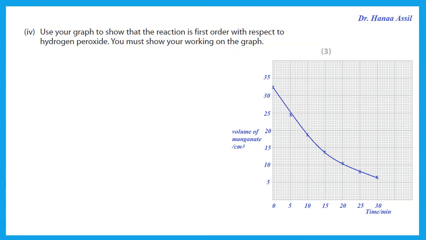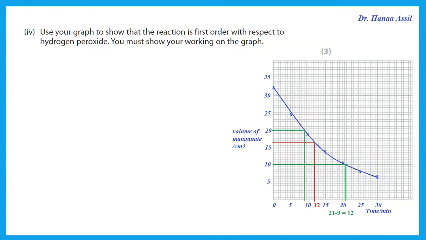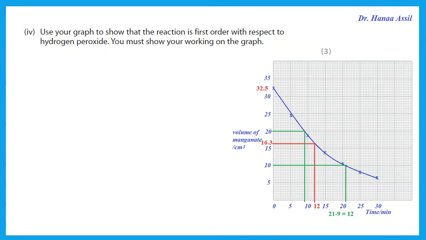And if we calculate the half-life, if it is first order, the half-life should be constant. So calculating the half-life, we start from, for example, 32.5 to 16 point something. This takes 12 minutes, starting from 20 to 10. Again, this takes 12 minutes, so the half-lives are constant, and that means it is first order.